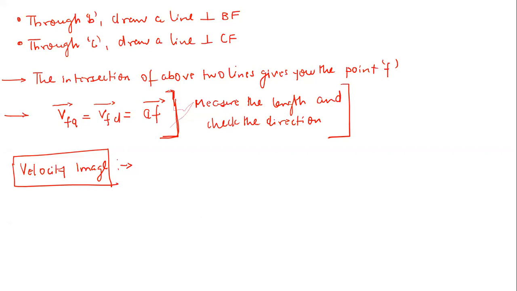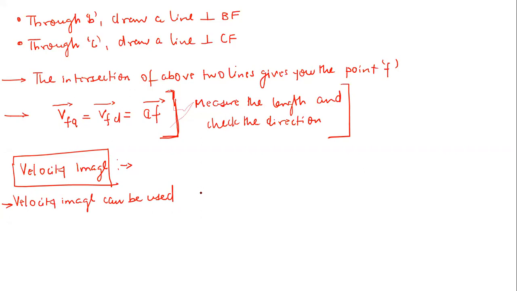Now what is this concept? This concept is called the concept of velocity image. Now what is this velocity image? First of all, what is the application of this? Let us try to think in that direction.